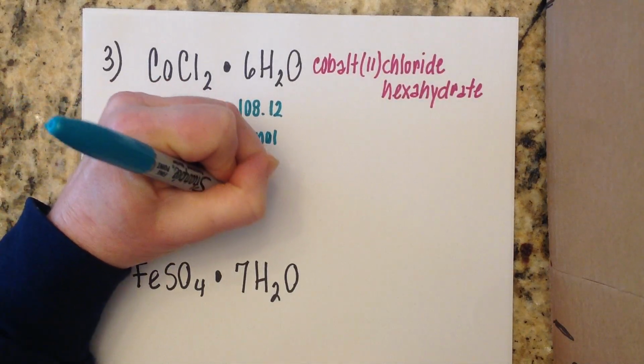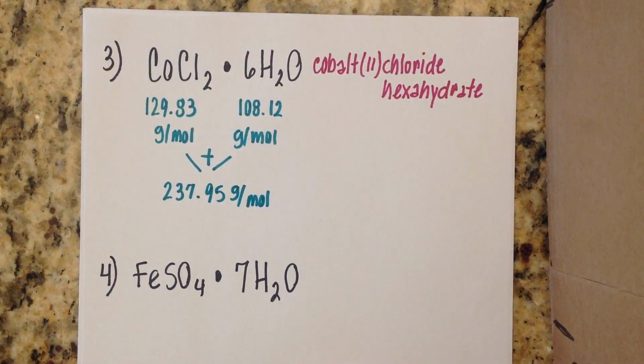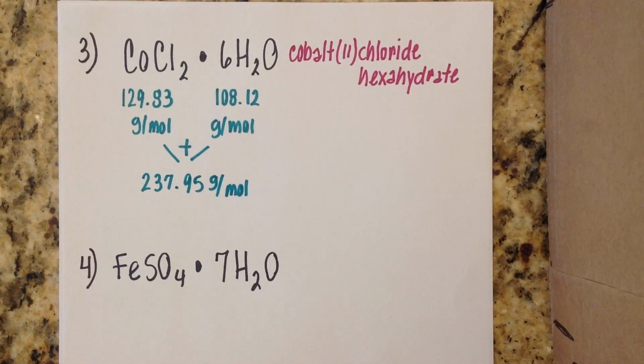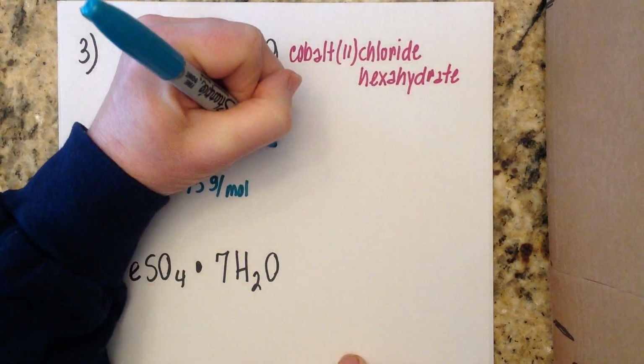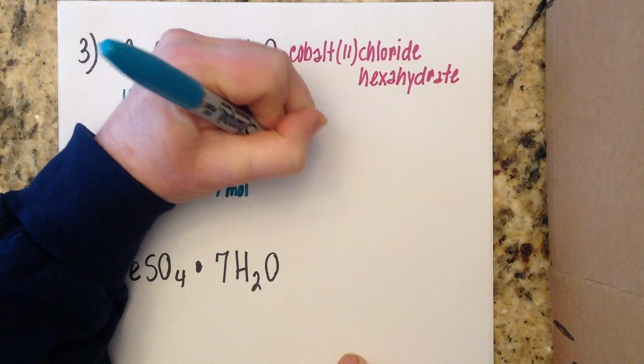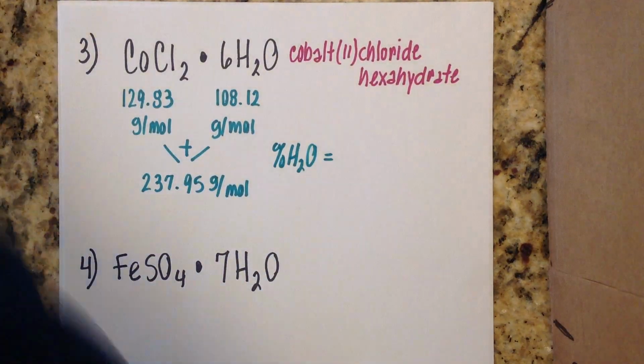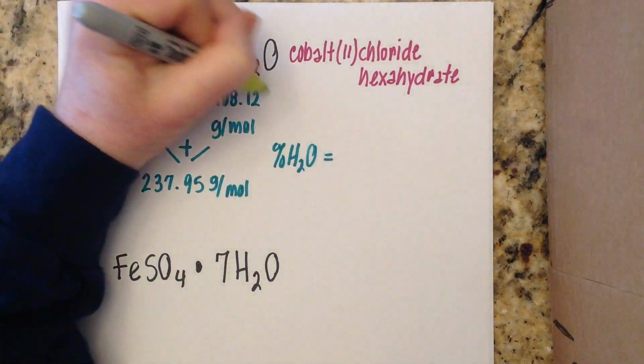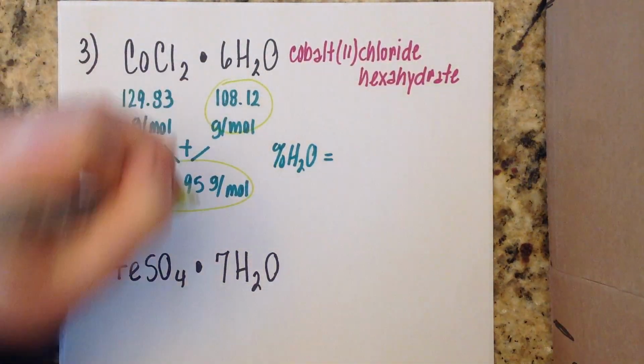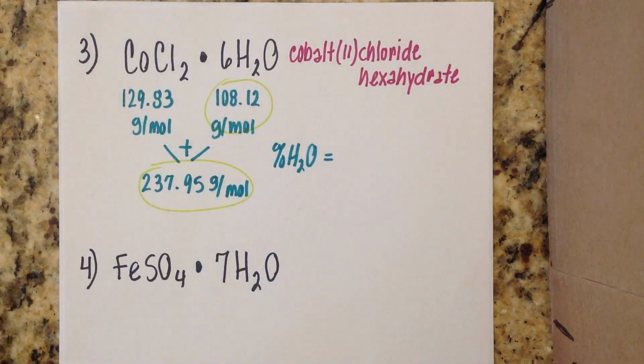grams per mole. Now we are ready to find the percent water. So we're going to say the percent water equals, remember, it is the total mass of the water, which is right here, over the total mass of the whole hydrate.